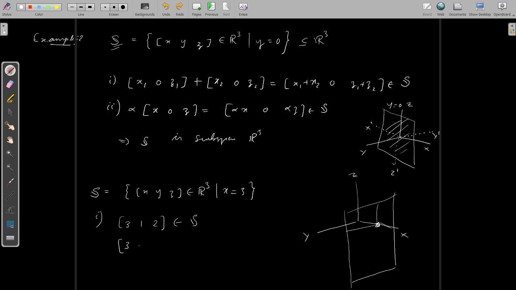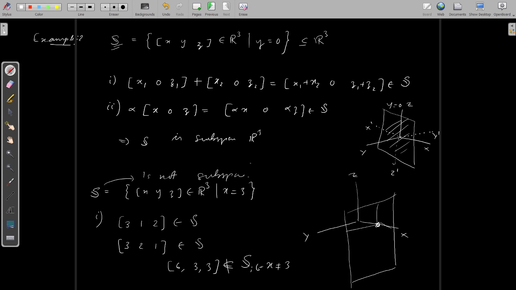So we take the same element or a little bit changed, belonging to S. We can say that both are elements of S. But when you add these, you get (6, 3, 3). But this does not belong to S because x is not equal to 3 here. X equals 6 but not equal to 3. So the first property is not satisfied. So the closure property is not satisfied by this S. So this S is not a subspace. It is not even a vector space.